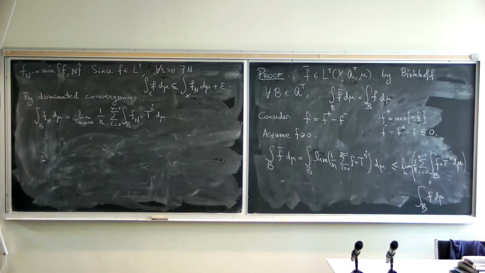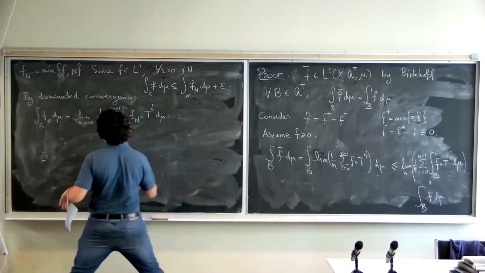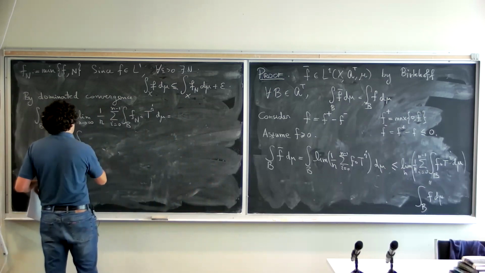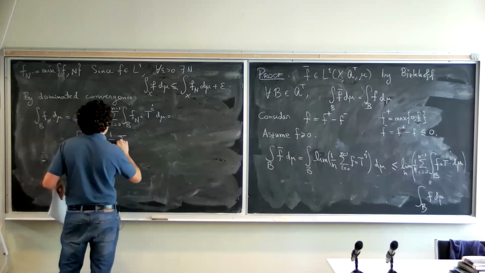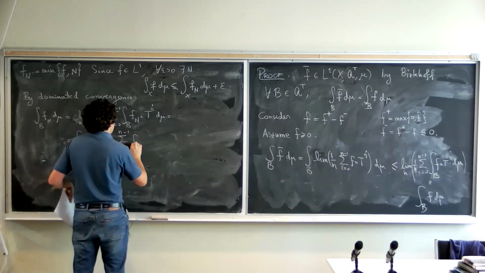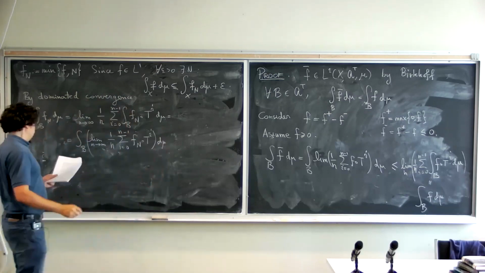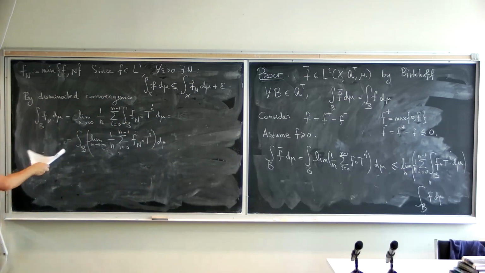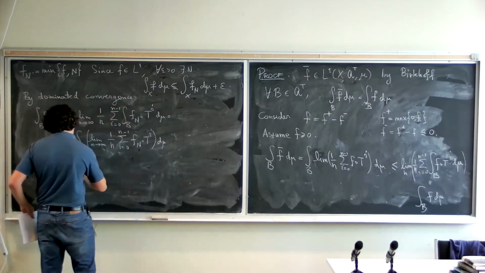This is just writing out the invariance, but then by dominated convergence, we can flip the limit with the integral. And okay, this is less than the integral of f. So we can replace this by f.